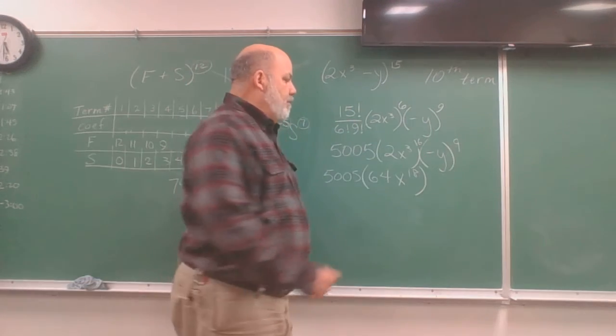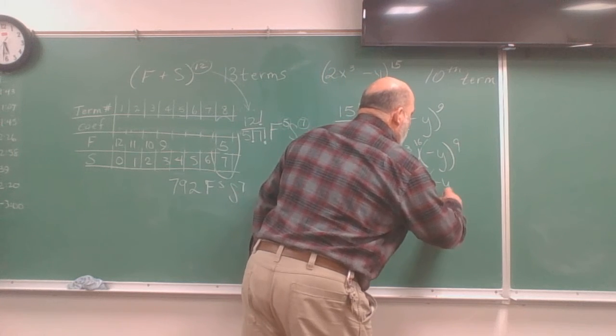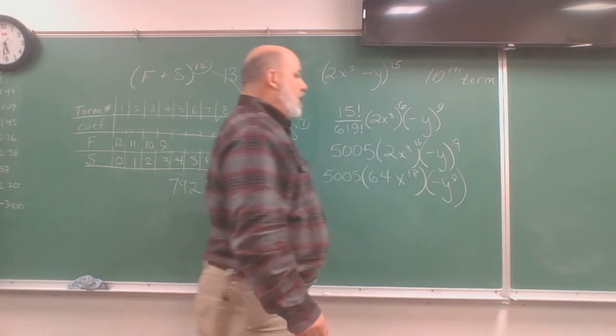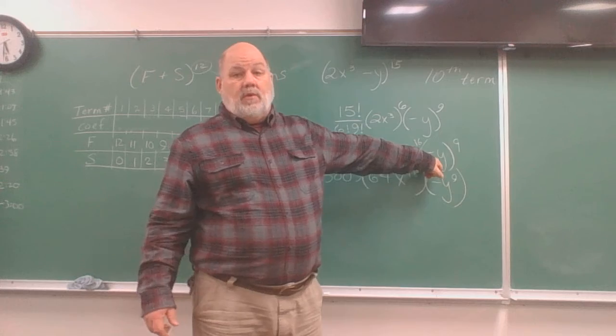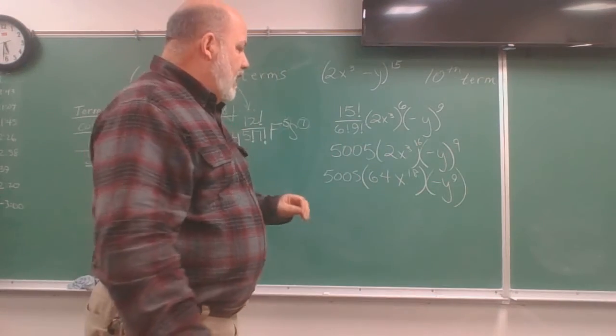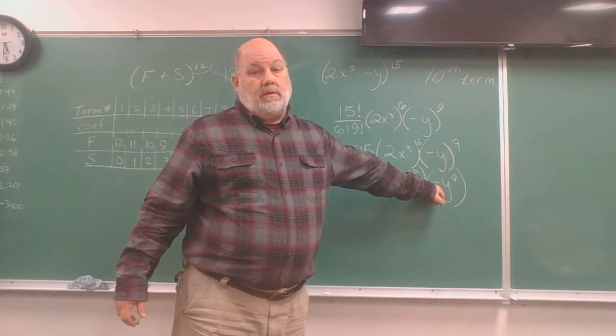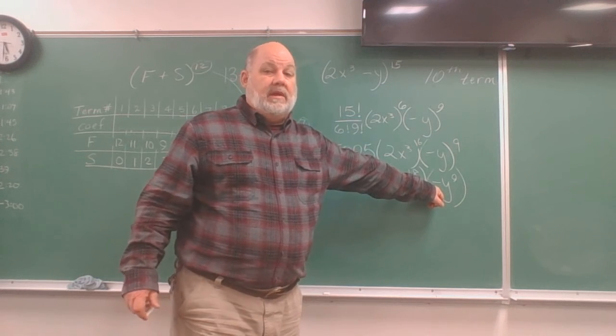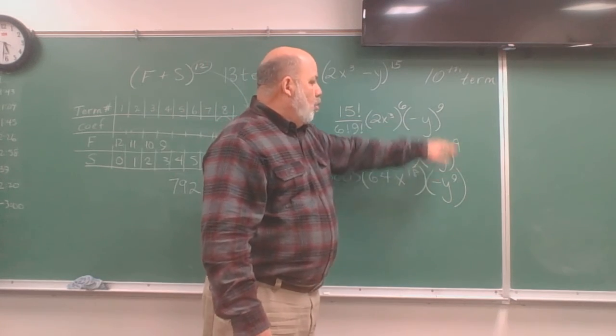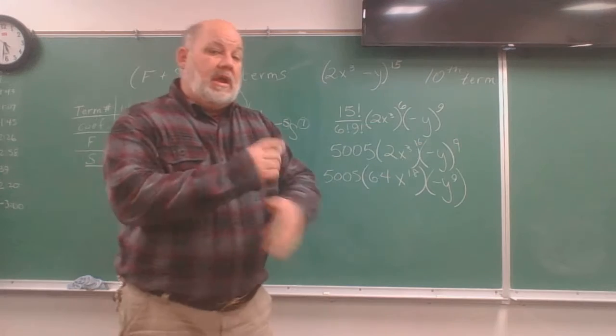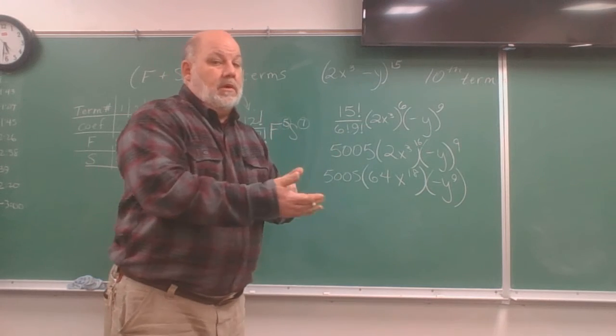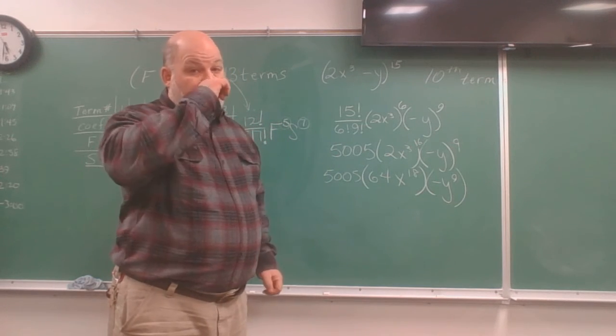This is just simply going to be negative y to the 9th power. That's negative y times negative y times negative y 9 times, telling me that my final answer is also going to be negative. Had this been y to the 10th power, my answer would be positive because a negative to an even power will become positive.